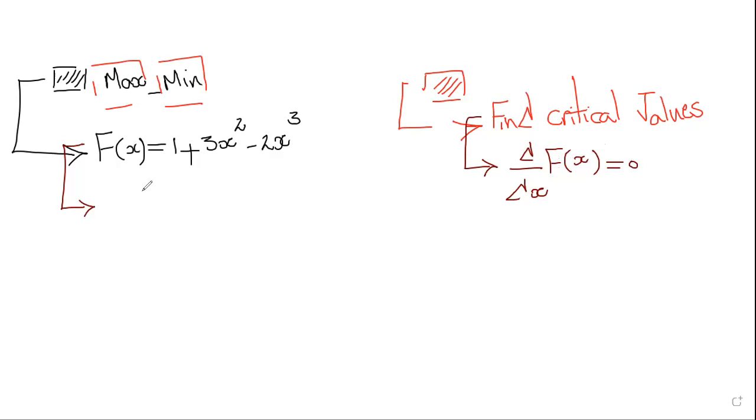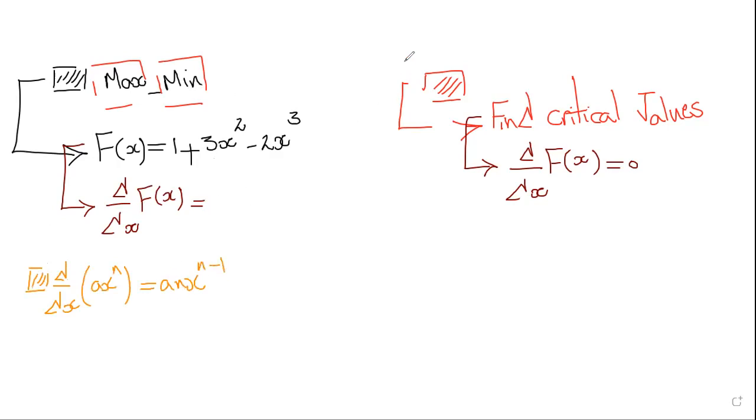Now, I'm just going to follow this step and say d over dx of f of x, which represents the rate of change of the function as its variable x changes, is given based on the power rules that we have learned before. Based on the power rule, d over dx of ax to the power n is anx to the power n minus 1.